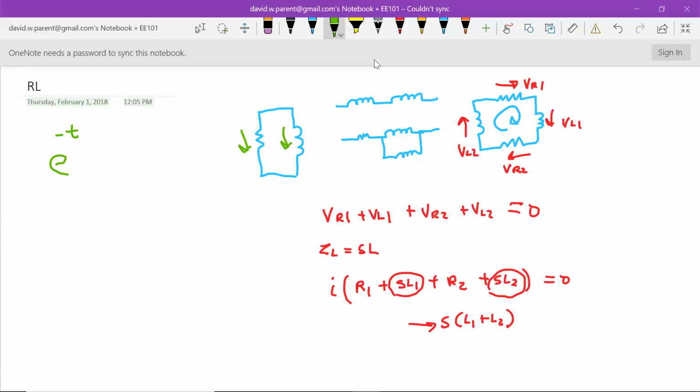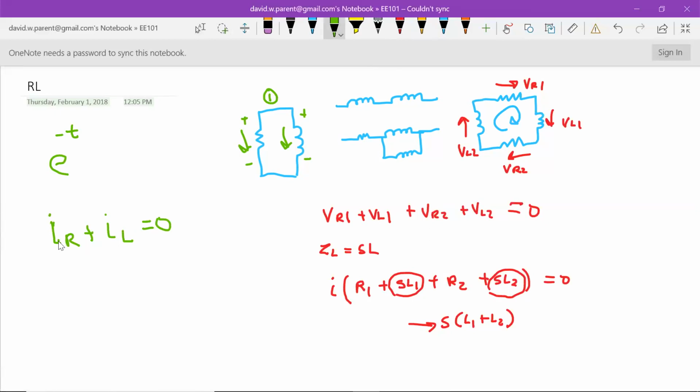Let's do a nodal analysis. Let's see how that works for us. All right, so I'm going to call that node 1, with plus minus plus minus. So IR plus IL equals 0.